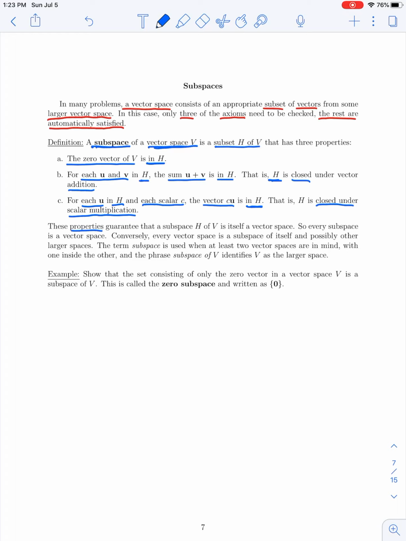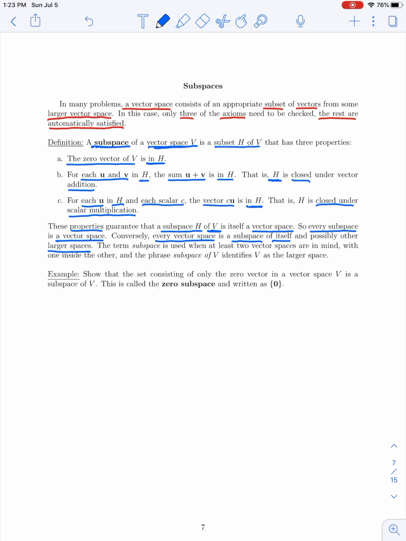These properties guarantee that a subset H of V is a vector space, so we refer to it as a subspace. By definition, every subspace is a vector space, and conversely, every vector space can be considered as a subspace of itself or possibly some larger space.